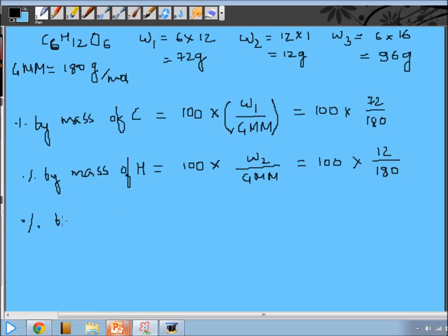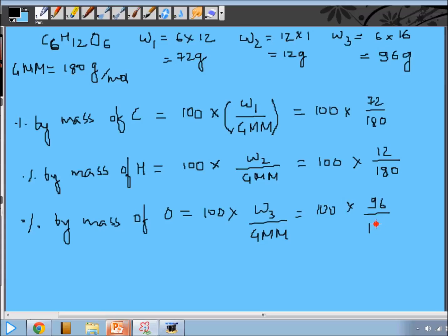And lastly, percentage by mass of oxygen, okay, is equal to 100 multiplied with mass of oxygen divided by total mass of compound. Okay, and this will come out to be 100 into 96 by 180. Okay.